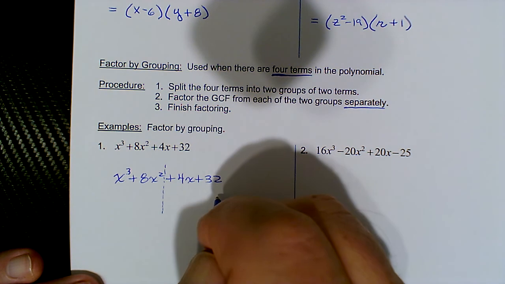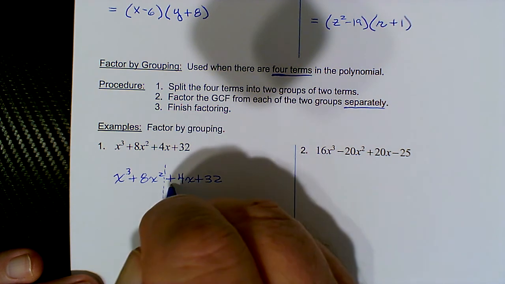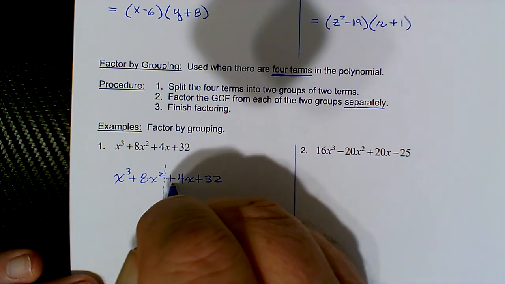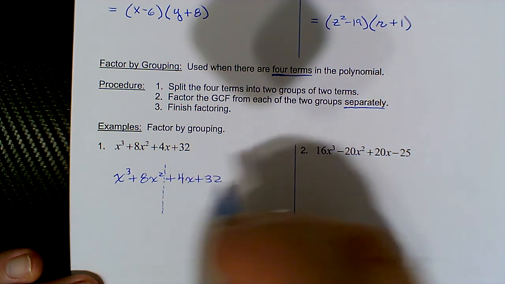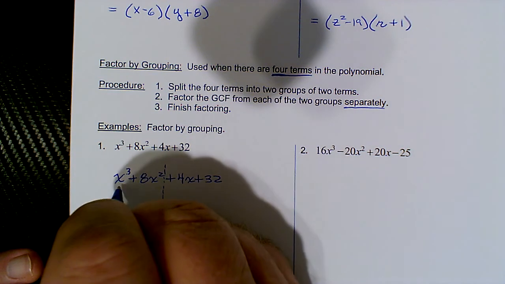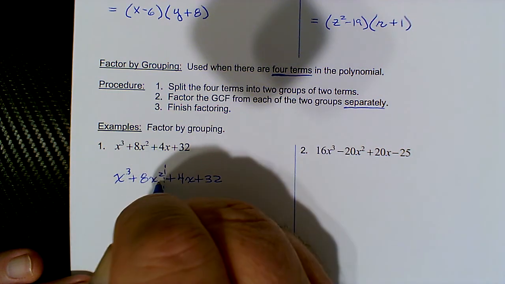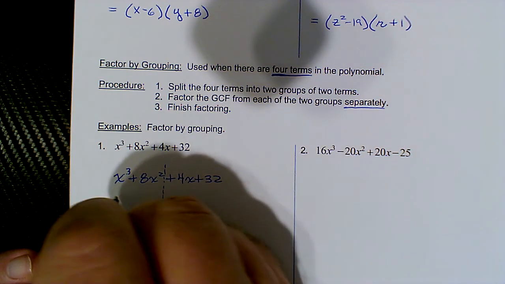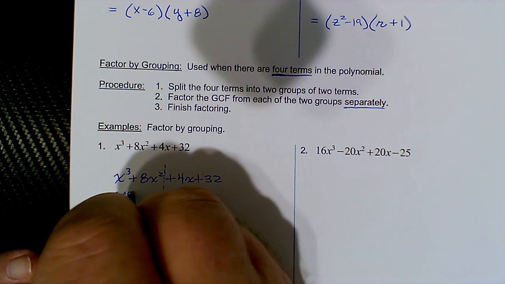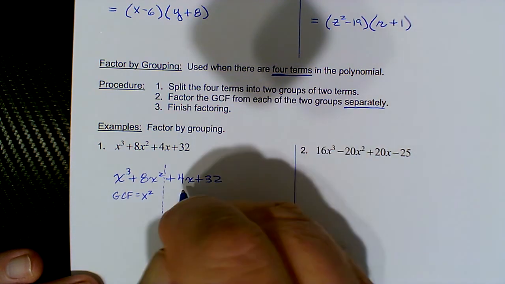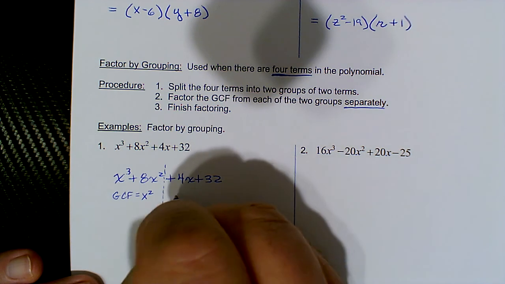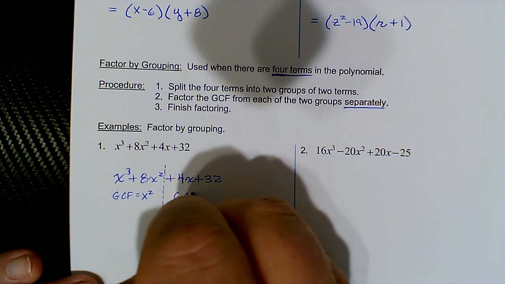Just make sure that the dotted line comes before the addition or subtraction that's in the 3rd term. And then from the first 2 terms, the greatest common factor is x squared. And from the second pair of terms, the greatest common factor is 4.